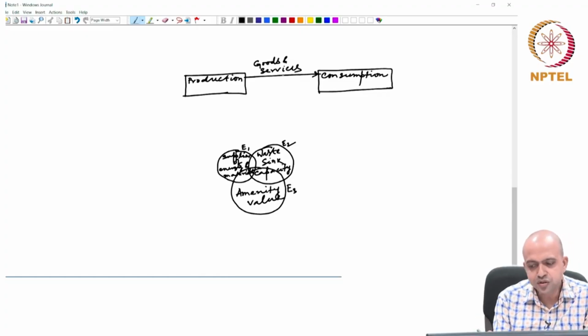And what comes from the consumption side to the production side? That is the factors of production.